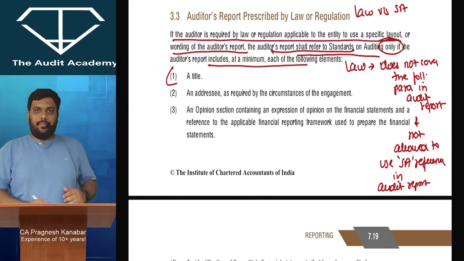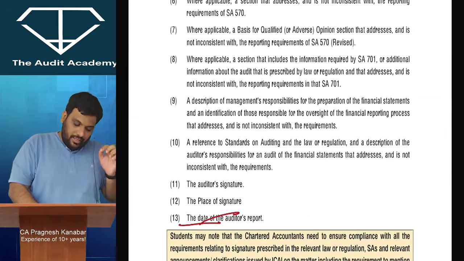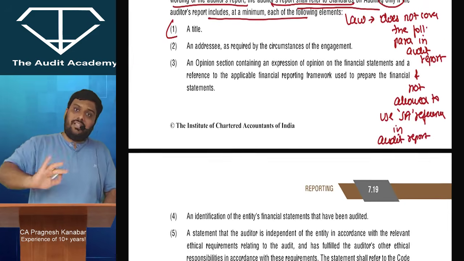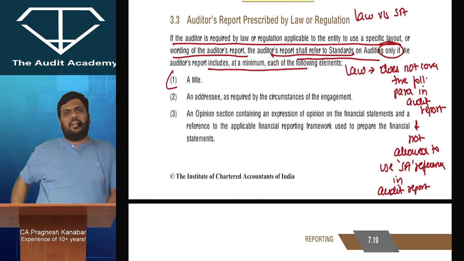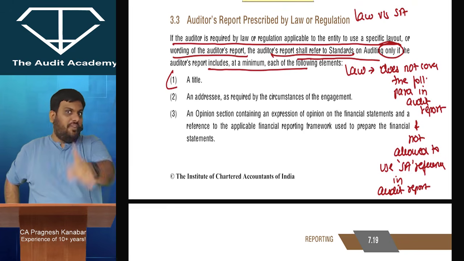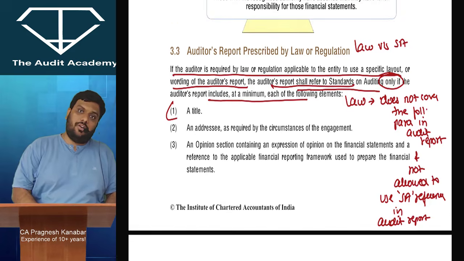One more time. If there is a law versus SA situation, there are 13 points that ICAI has given. If these 13 points are covered in the audit report given by law, then you can write a reference to the SA. But if even a single point out of these 13 is not covered, then you cannot write a reference to the SA in the audit report.